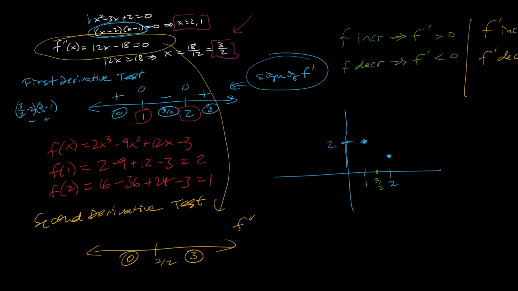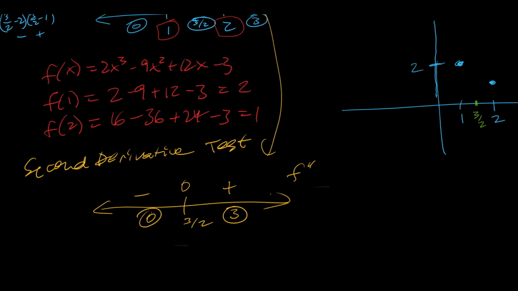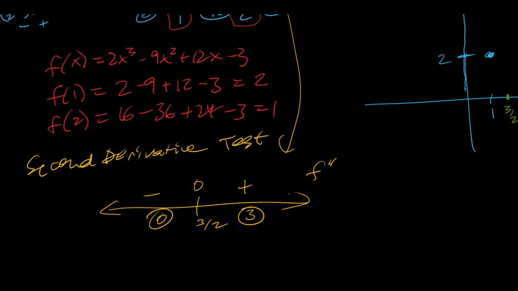When I plug in 0, I get negative 18. I get the negative there. When I plug in 3, I get 36 minus 18. That will be a positive number. The second derivative is 0 at 3/2. So what this says is that before 3/2, the second derivative is negative, and after 3/2, the second derivative is positive.